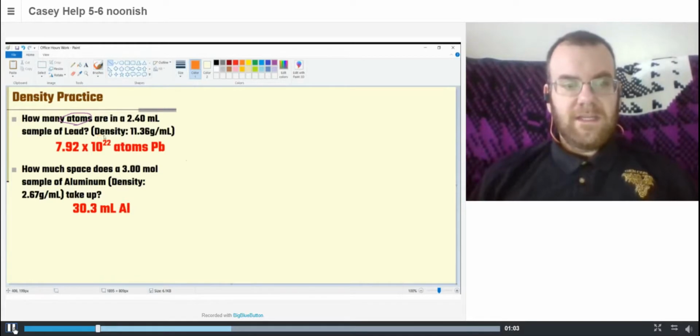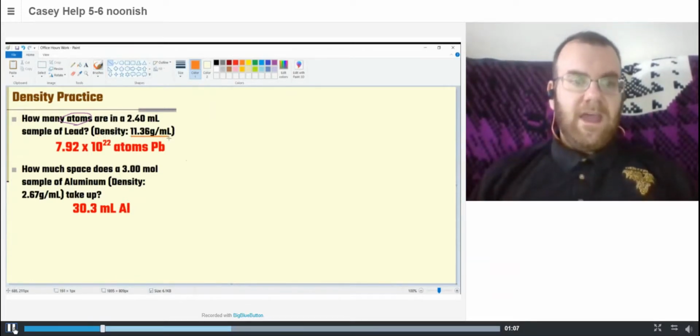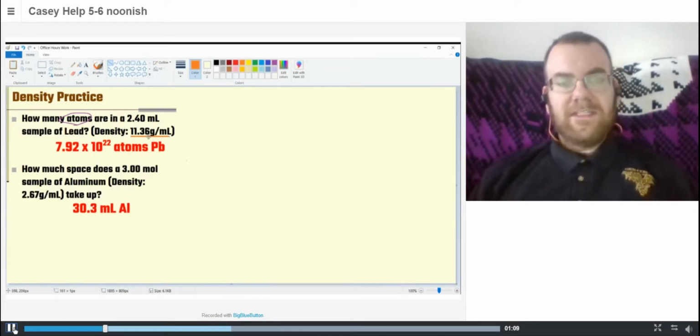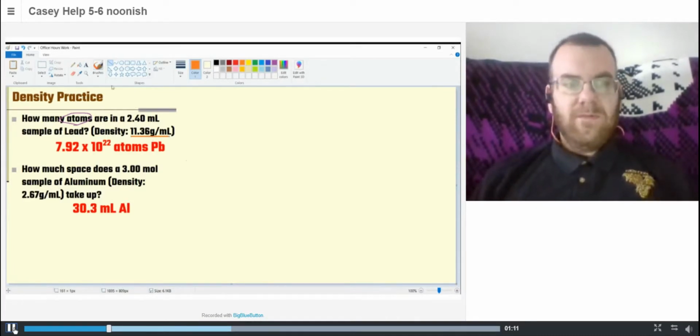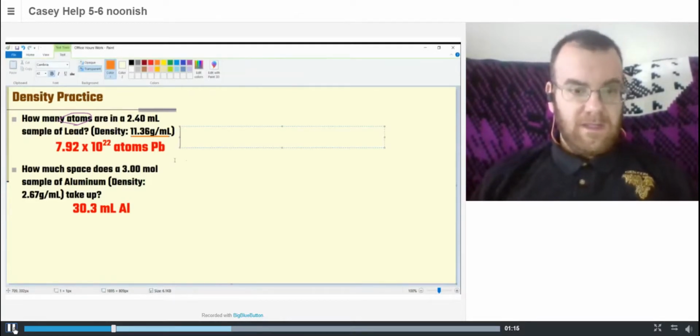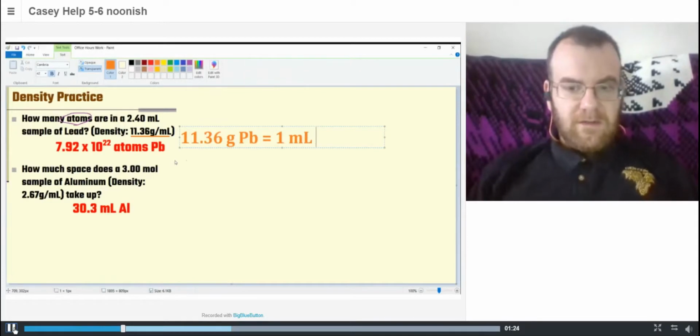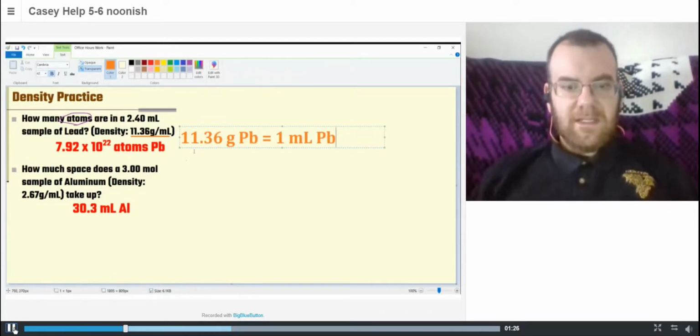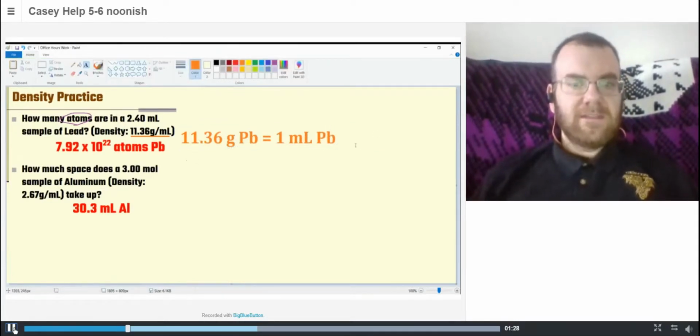Density in itself is just a conversion factor, meaning that 11.36 grams of lead is equal to 1 milliliter of lead.